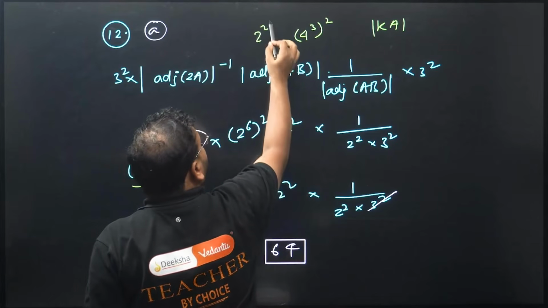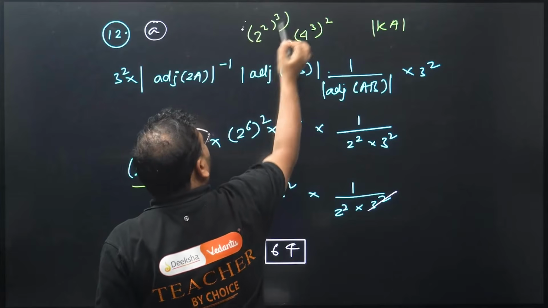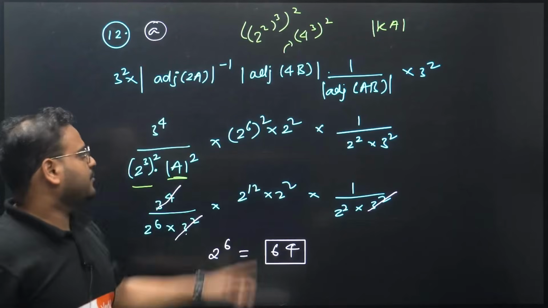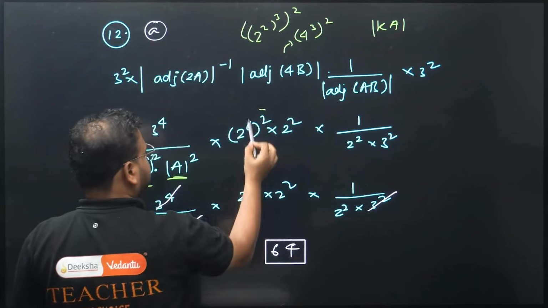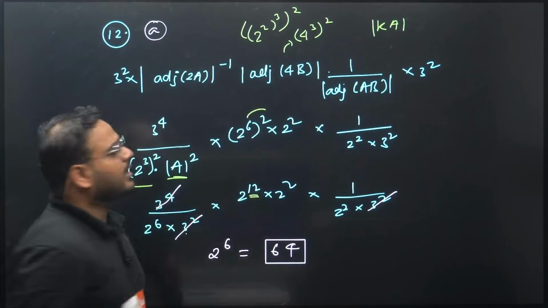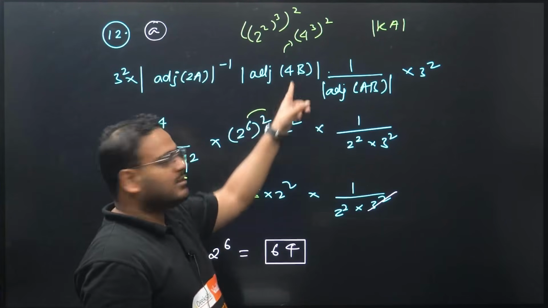So 2 power 2 power 3 power 2, multiply it, 12. So we get 2 power 12. Okay, and again we have determinant of B the square.